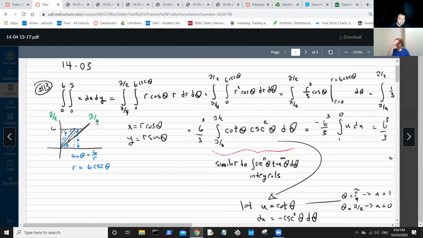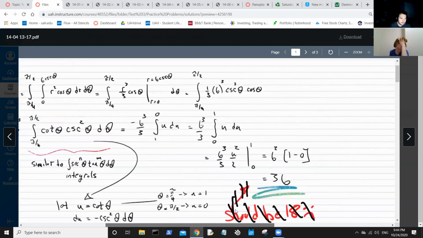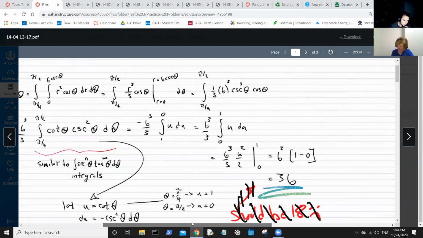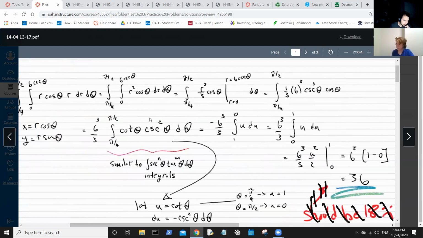Then we get r squared cosine theta, and then we take the integral, which is r cubed over 3 times cosine theta, because that r cosine theta just multiplied across to the front. You do that, you evaluate. When you evaluate 6 cosecant, you get this expression, times cosine theta. You move that down, and what did he change about this?